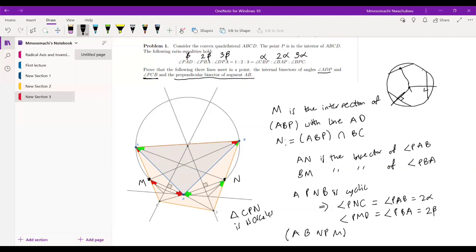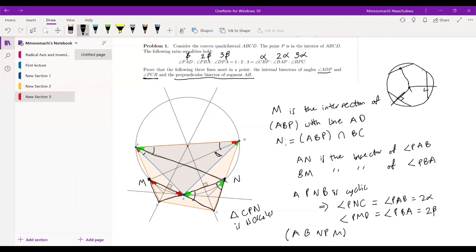We proved that AN is the angle bisector of PAB, and a similar thing here. Okay, and then what else did we do? We got that these two angles are equal, and this is an isosceles triangle. Okay, and also we got that this is also an isosceles triangle by angle chasing.